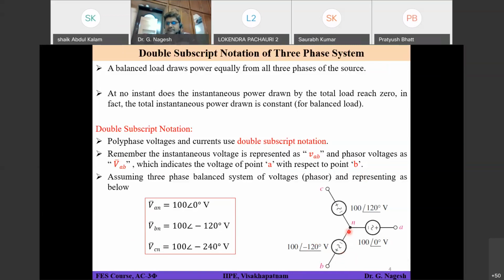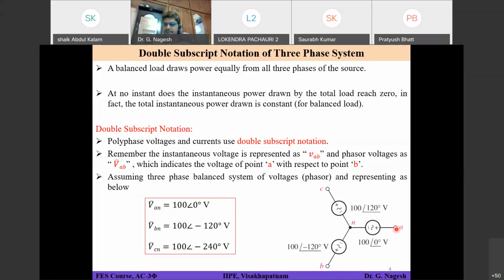Okay. So for understanding, we can represent the voltage VAN in this fashion, as shown here. VAN says there is an RMS voltage difference of 100 volts between A phase and neutral. That's what 100 at an angle of 0 degrees means. So how should I represent it?